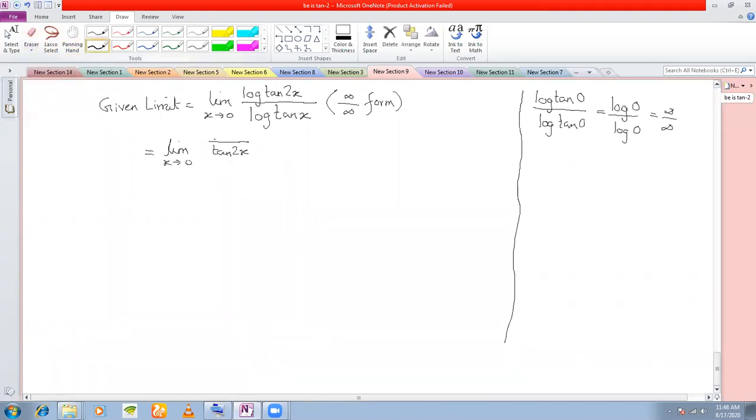It is 2 sec square 2x, because d/dx of tan x is sec square x into the d/dx of 2x, which is 2. Okay, so now here what do you get? Similarly here you get sec square x by tan x. Okay, this is what you are getting by L'Hospital's rule.